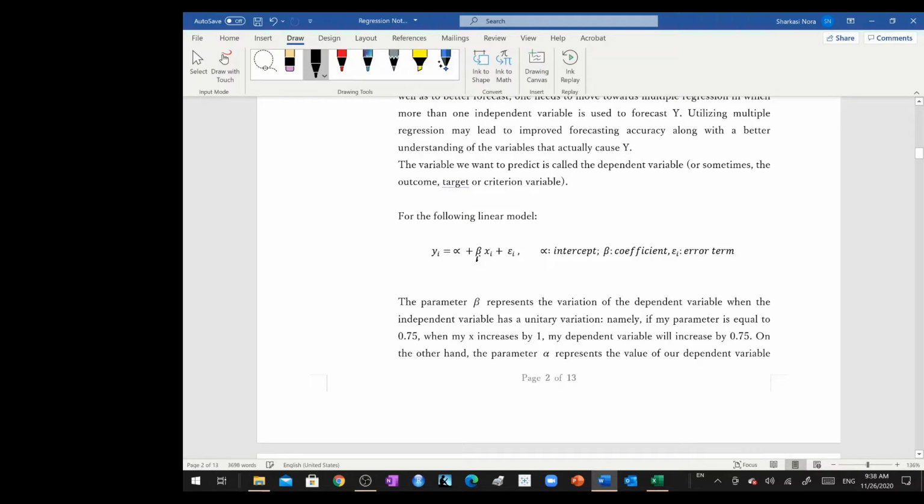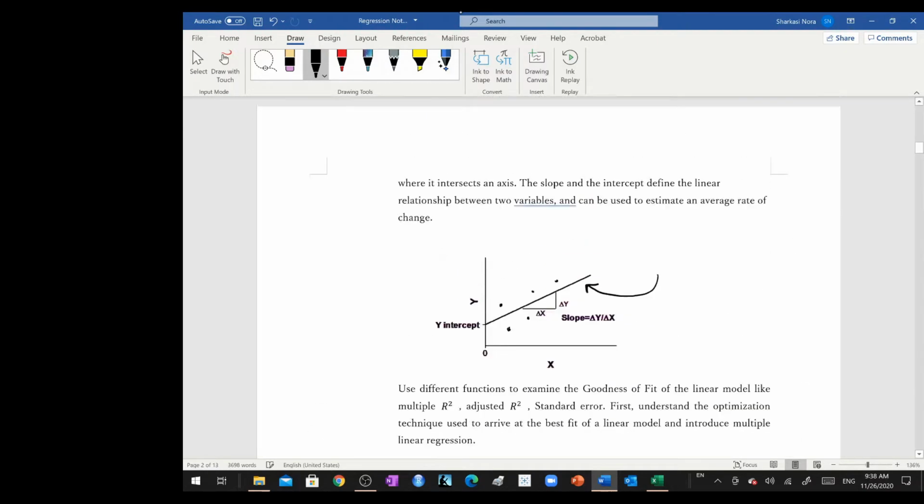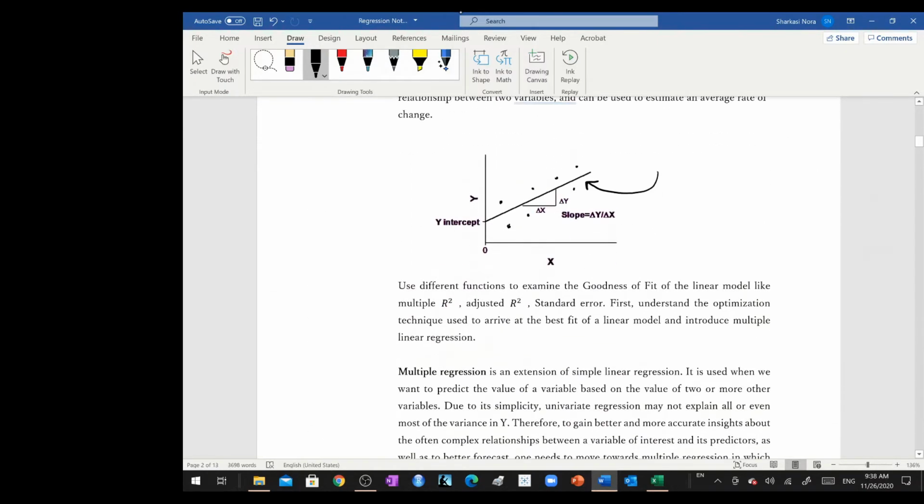Linear regression in general takes the form, which some students know as y = ax + b. b is the intercept and a is the slope. If we take a look at this picture, the slope is delta y over delta x.